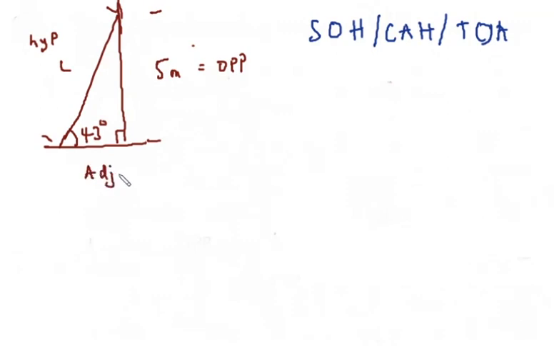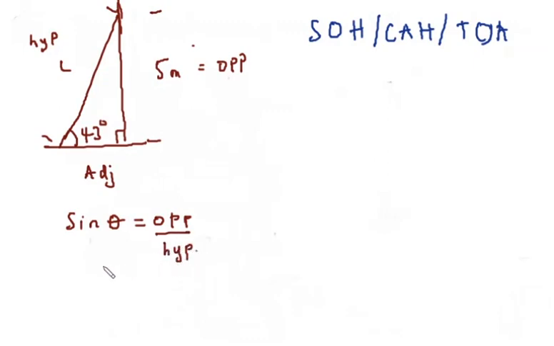Next, we find how to relate the opposite of the triangle to the hypotenuse. Going to our trig ratios, sine is the term that relates opposite to hypotenuse. So we have sine theta equal to opposite over hypotenuse.